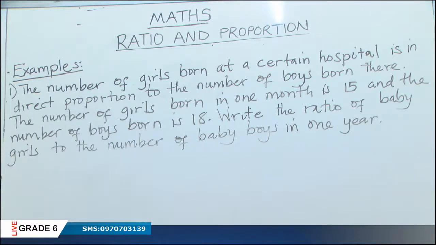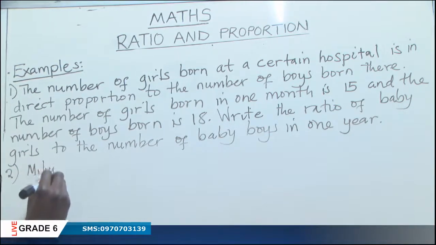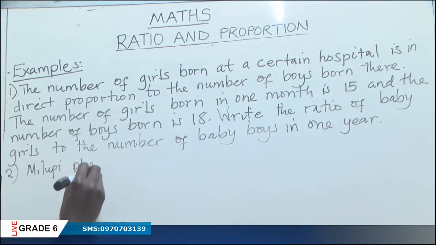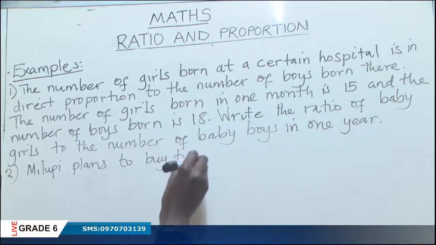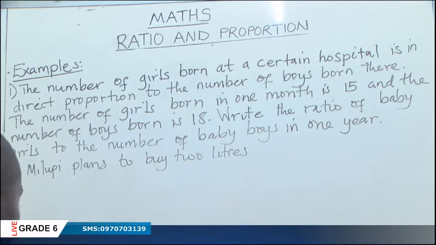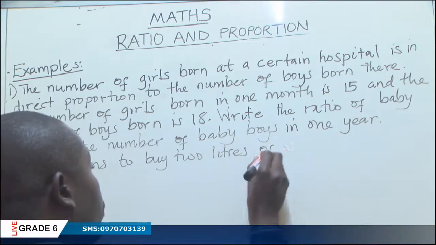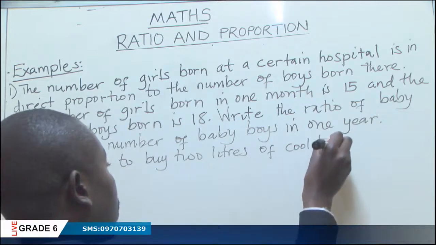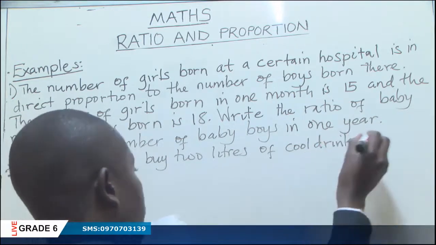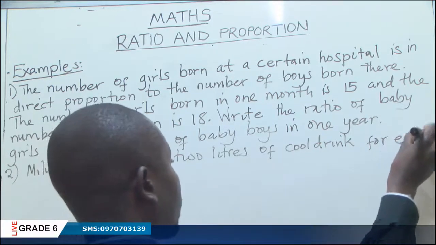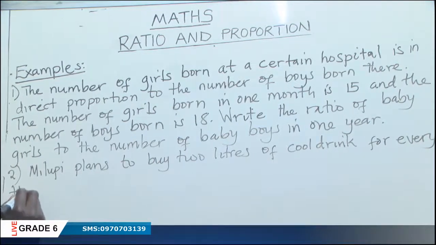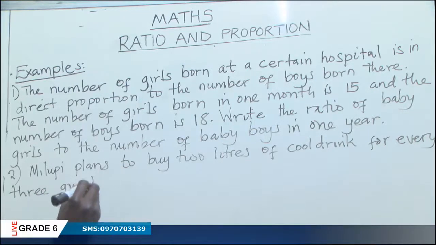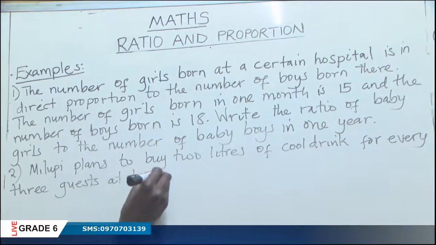Number 2, Mulungushi plans to buy 2 liters of cool drink for every 3 guests at her party.